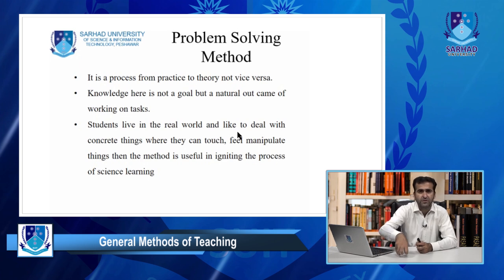The goal is to solve the problem. Knowledge is a natural outcome of working on the task. What outcome do you have, what is its implementation, what is its application, why and where do we use that particular outcome in our daily life?